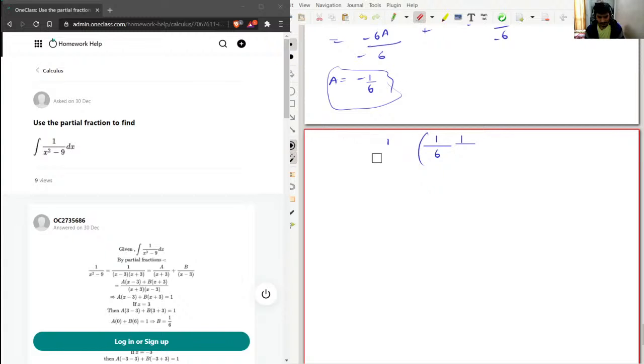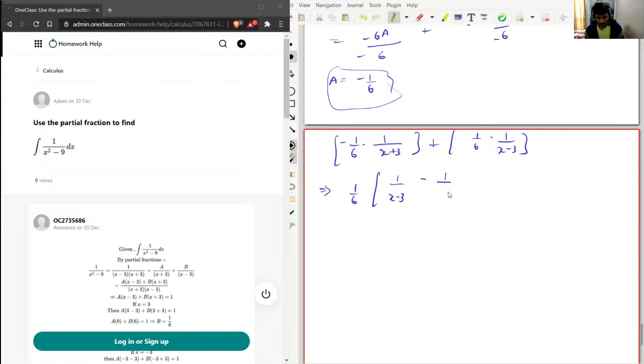I'll just rewrite this. So this will be 1 over 6 times 1 over x minus 3 plus minus 1 over 6 times 1 over x plus 3, and I'll take 1 over 6 common. So it will be 1 over x minus 3 minus 1 over x plus 3.